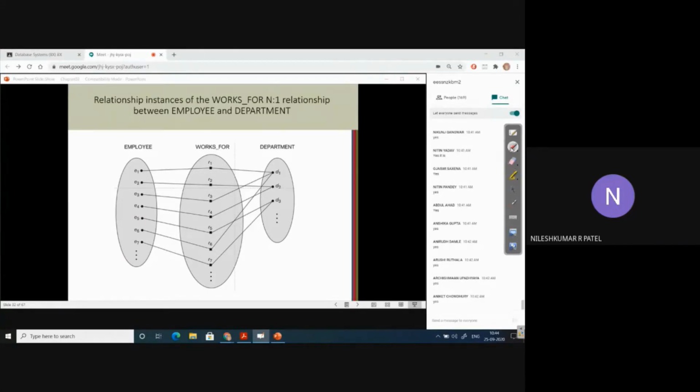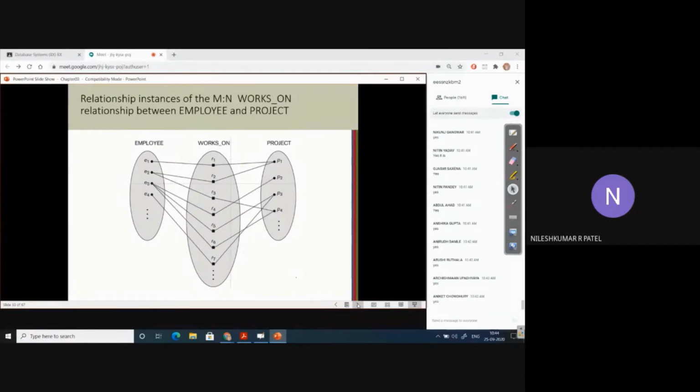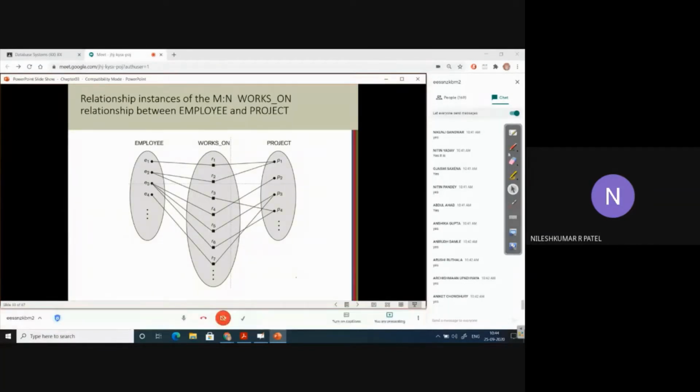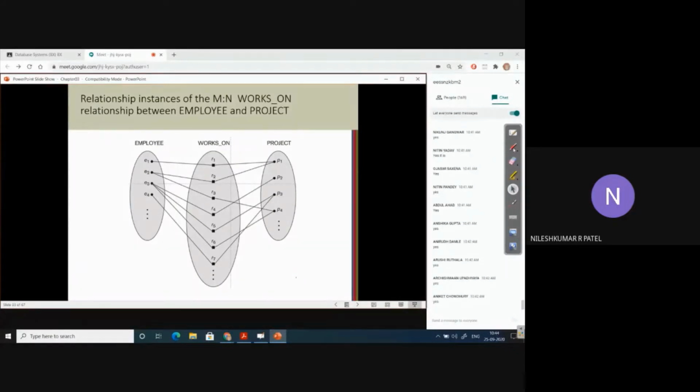Okay, so we discussed this part. Then let's talk about cardinality ratio. You can think of a relation where, as you can see, every relationship instance has one incoming line and one outgoing line.